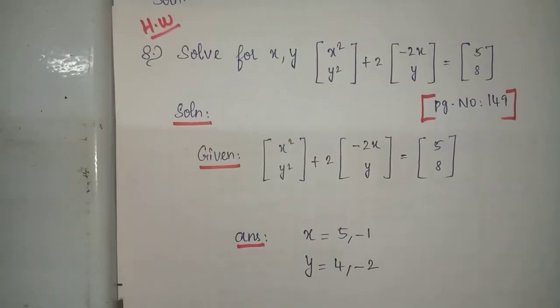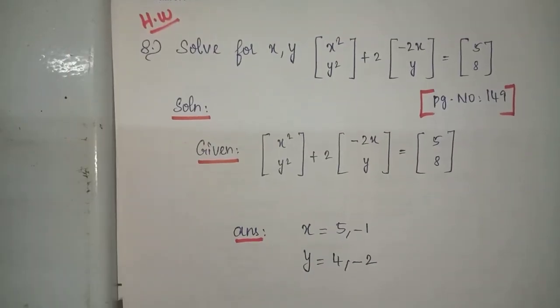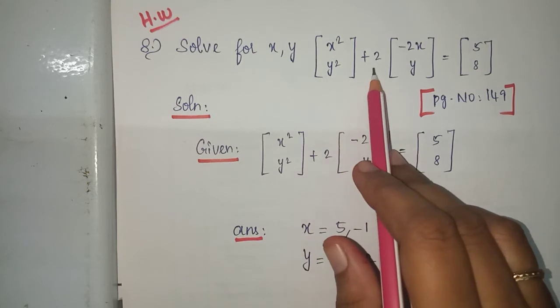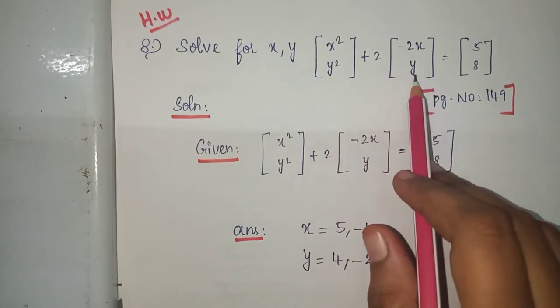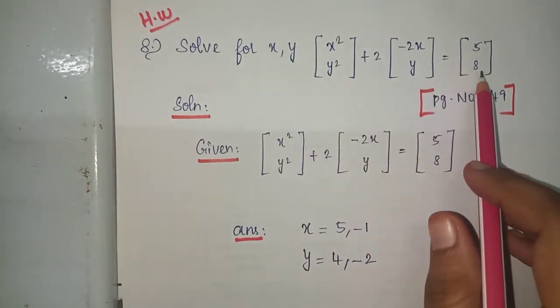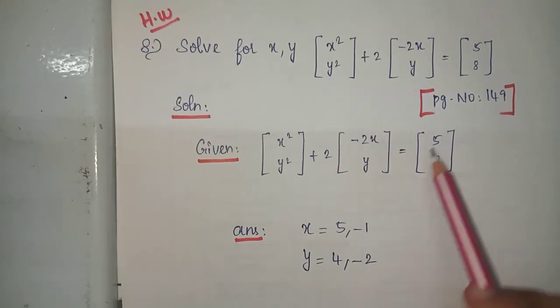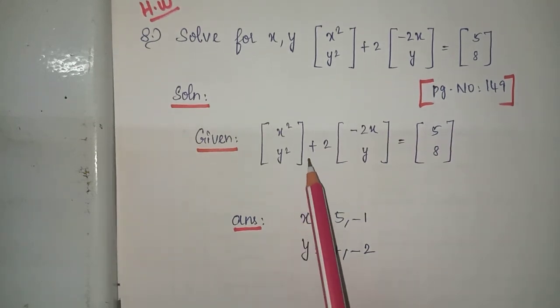Number 8, this is your homework problem and last problem of this exercise also. Solve for x, y: the matrix [x square, y square] plus 2 into [minus 2x, y] is equal to [5, 8], which is in page number 114. Just write it as it is. Then you have to form an equation.